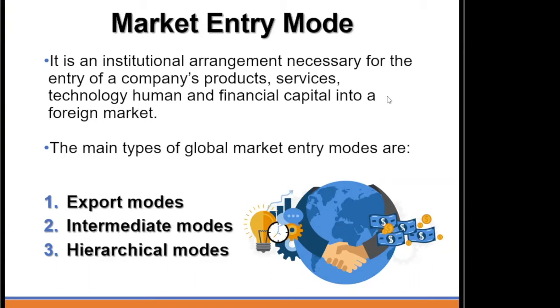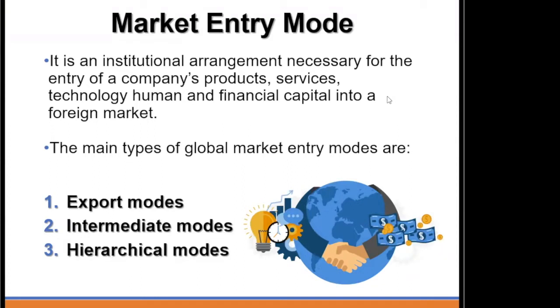So when we talk about global market entry modes, there are three main types of modes that firms can use to enter global markets. The first one we can talk about is export modes. And then the second one is intermediate modes. And then the third one is hierarchical modes.